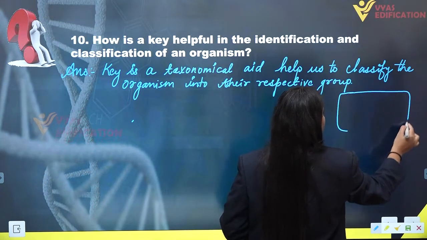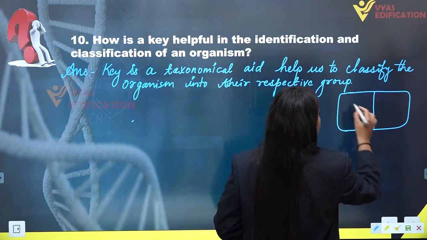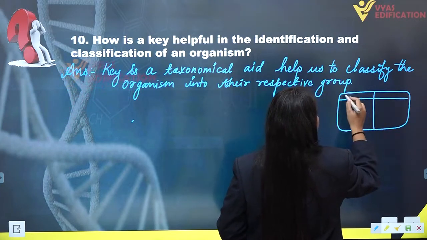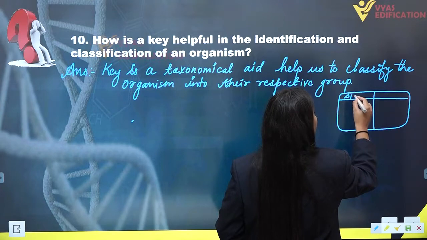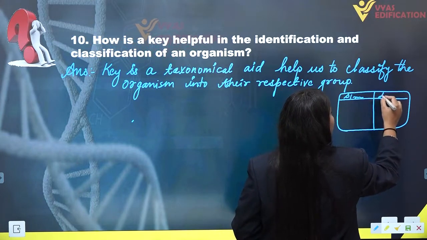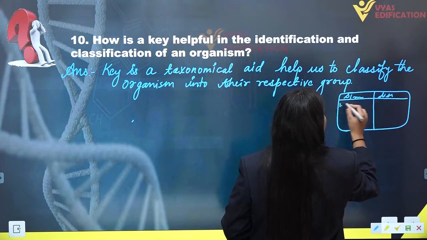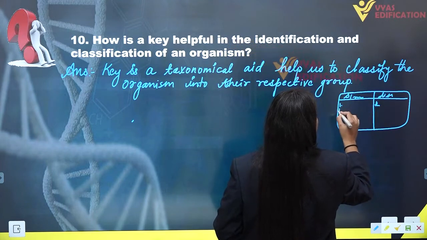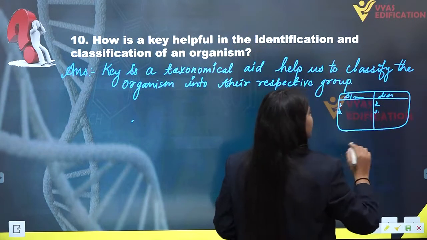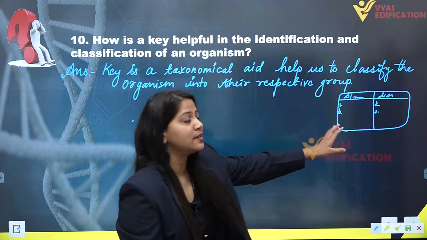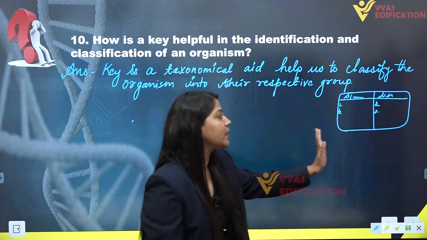We have separate columns, and in one column we will have similarities, in another column we will have dissimilarities, and the statements are given like this: first statement of similarity, first statement of dissimilarity. Generally the statements occur in pair.